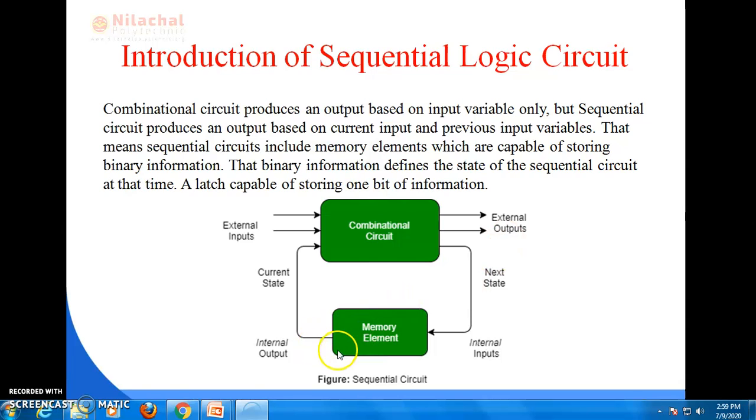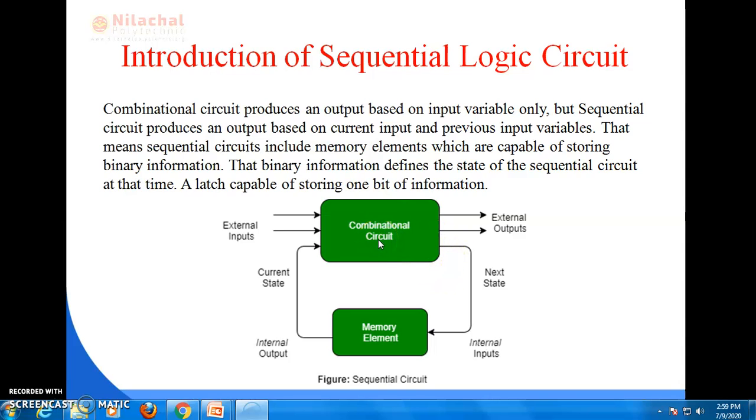The input is given from the memory element to the combinational circuit through the current state, and the outputs of the combinational circuit are connected to the memory element through the next state.